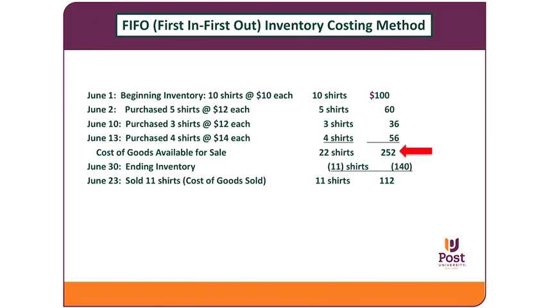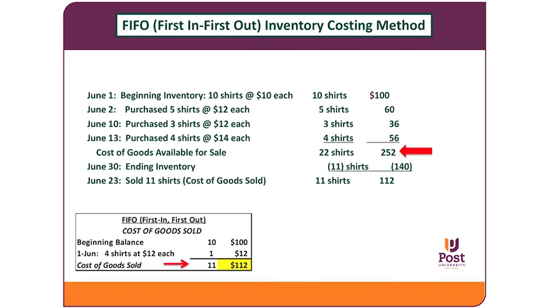In this example, you sold 11 shirts. 10 of those 11 are from the first 10 you had at $10 each. The 11th one is from the June 1st purchase where you bought 5 shirts at $12 each.